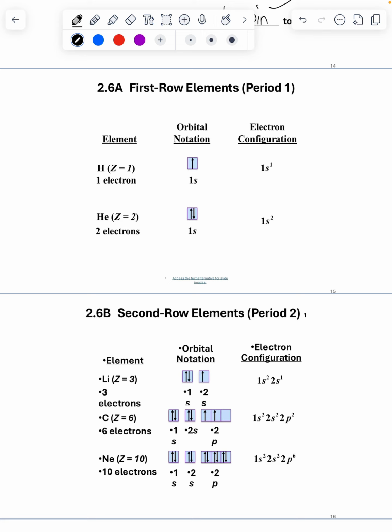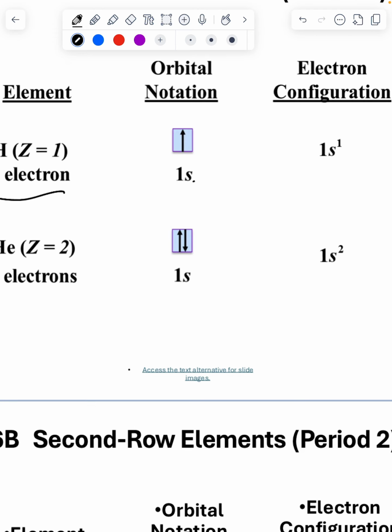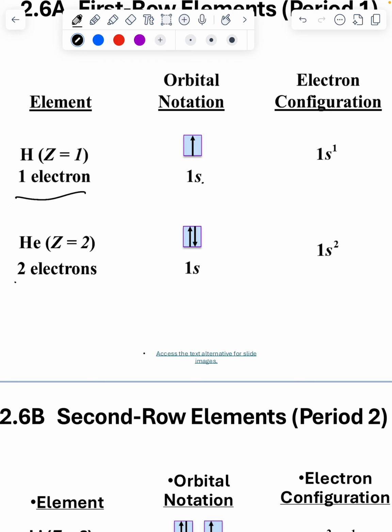We know hydrogen only has 1 proton, 1 electron. And so the electron is going to fill the first energy level first, 1s. And since there's only 1, we just simply draw a single arrow. The next is helium. Helium has 2 electrons, and so both of those electrons are going to go into the first orbital. So we have an arrow going up and an arrow going down.